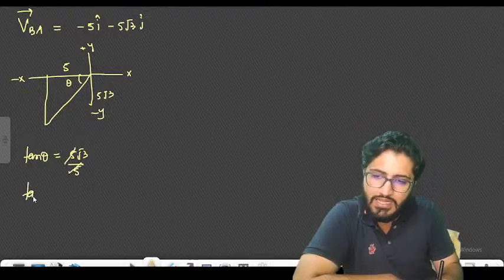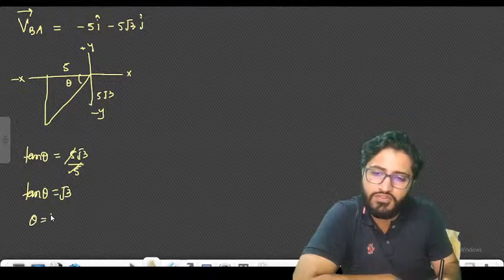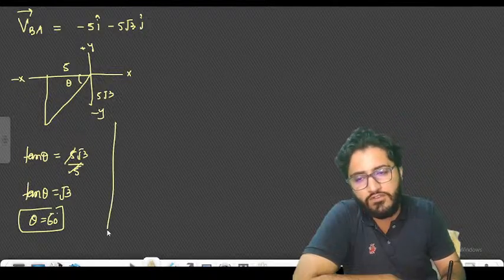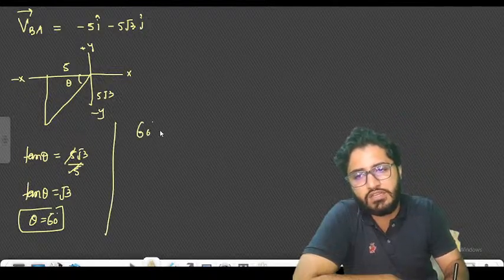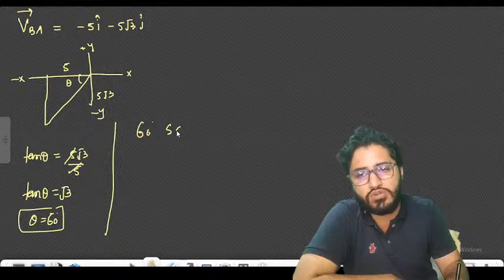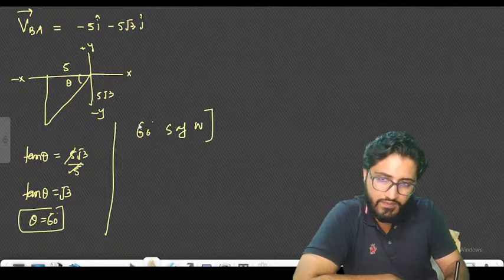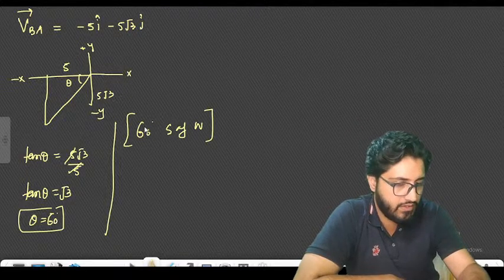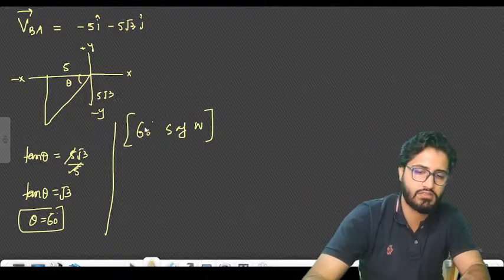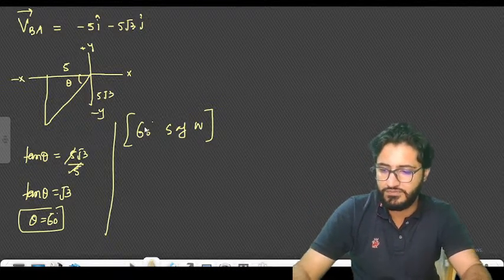Cancel out. So my tan theta is equal to root 3. So theta came out to be 60 degrees. Therefore, it is 60 degrees south of west. Done.